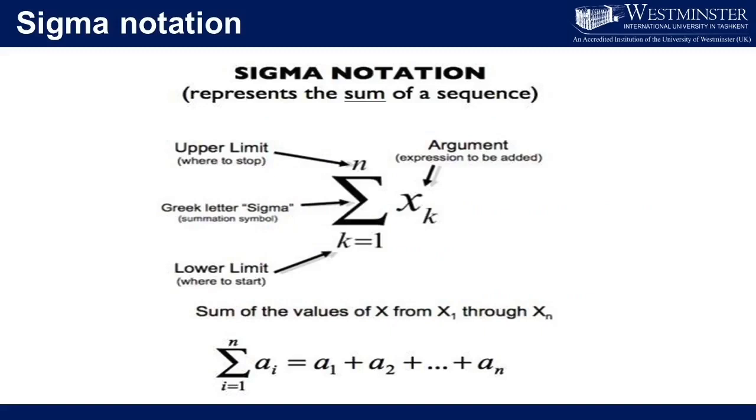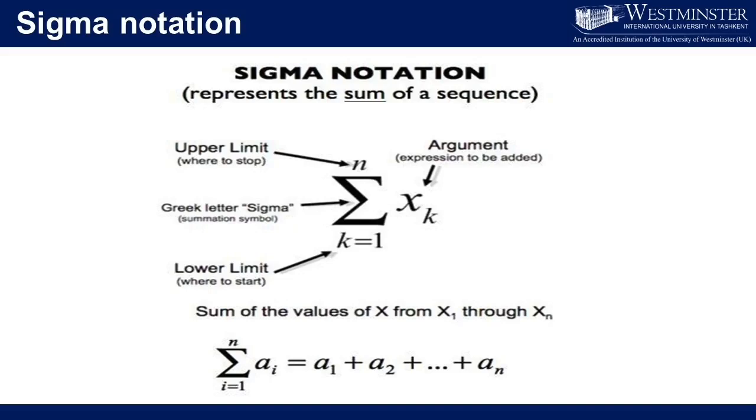Before we go on to calculate the mean of the data, we have to get acquainted with the sign sigma. Sigma is a Greek letter that represents the sum of a sequence. In our case, sigma is given with n on top, which is the upper limit that shows where to stop, and the lower limit, k.